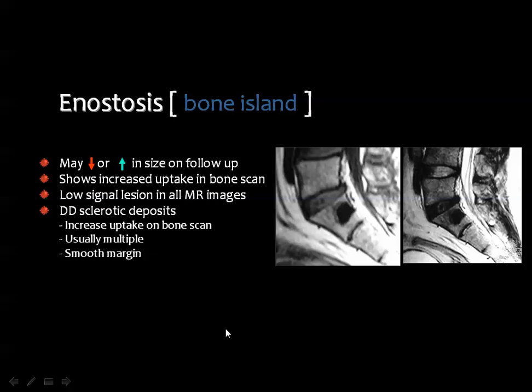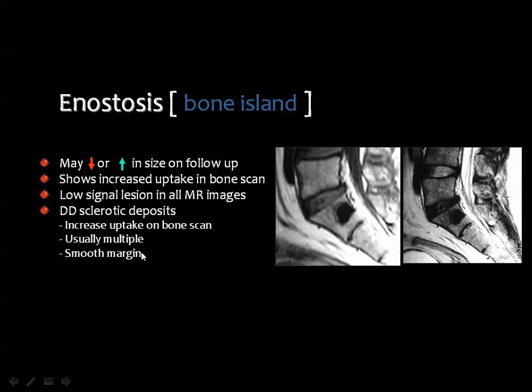And the enostosis, being a sclerotic lesion, will appear black in the T1 weighted image and also black in the T2 weighted image. The differential diagnosis between enostosis and sclerotic deposits lies in the fact that sclerotic deposits usually show increased uptake on bone scan, but enostosis shows warm uptake.